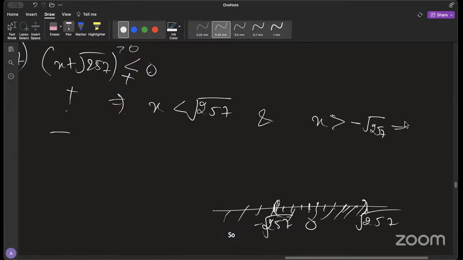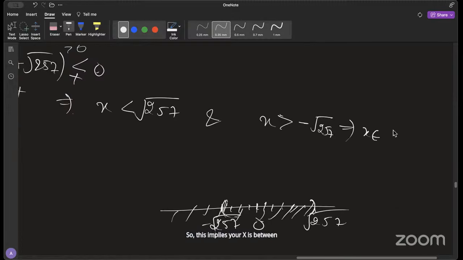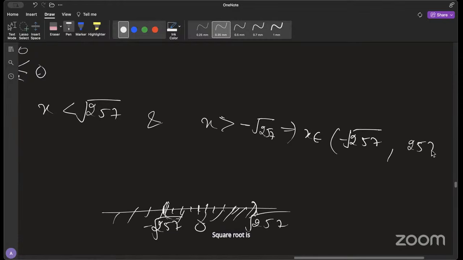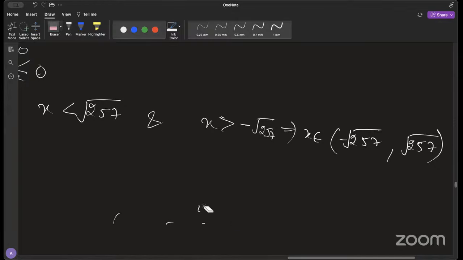So this implies your x is between minus square root of 257, this one, and this one, right? If anyone has a doubt, if we're going too fast, you can unmute yourself and ask.